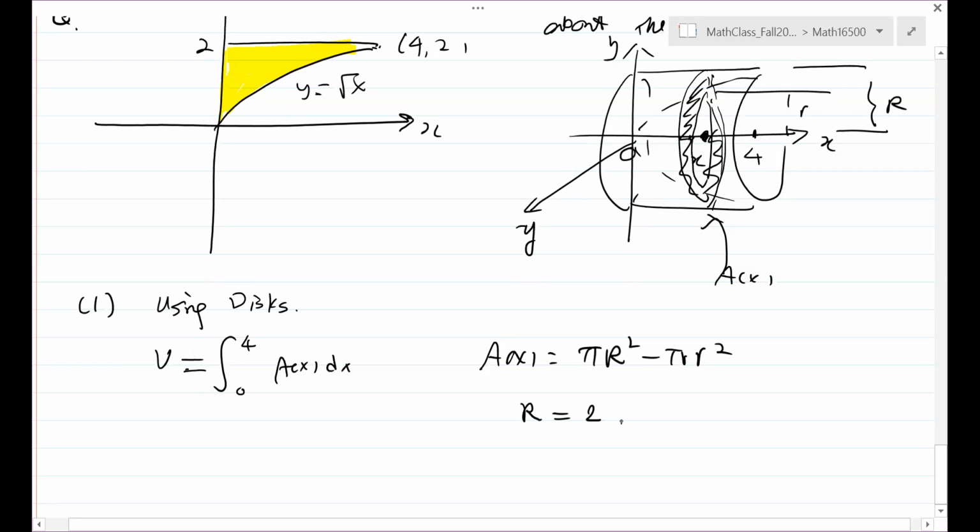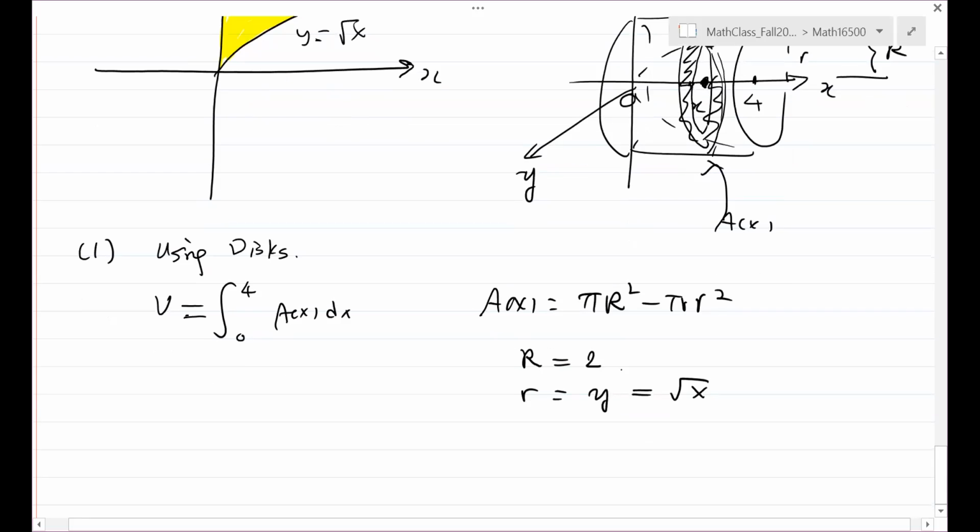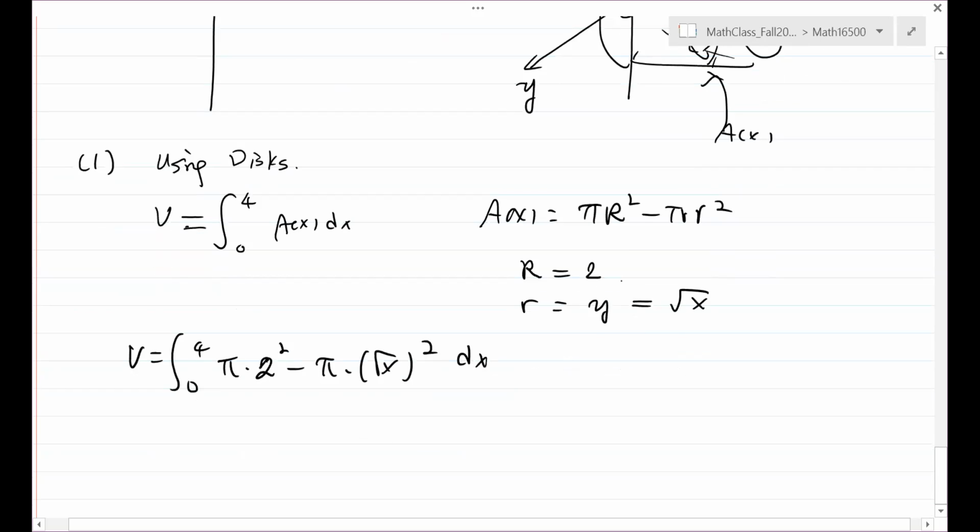So little r, if that point has coordinates x and y, is going to be the y value. But we have to express it as a function of x, right? So it's going to be square root of x. Then you're done. The volume is going to be the integral from 0 to 4 of pi 2 squared minus pi square root of x squared dx. So this is the formula for the volume.